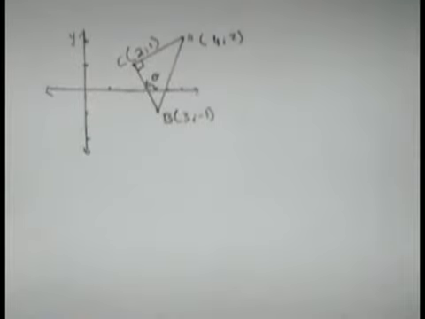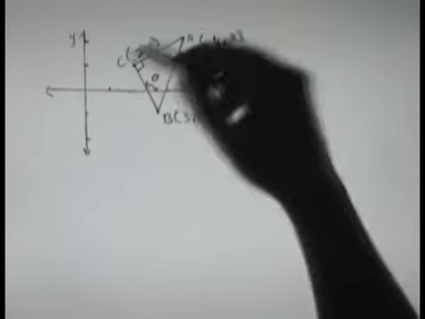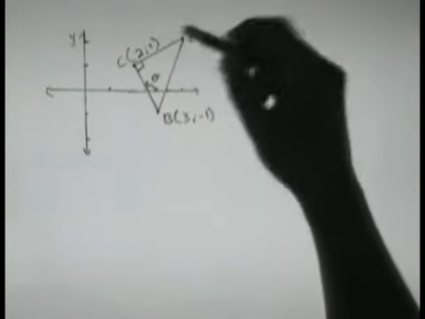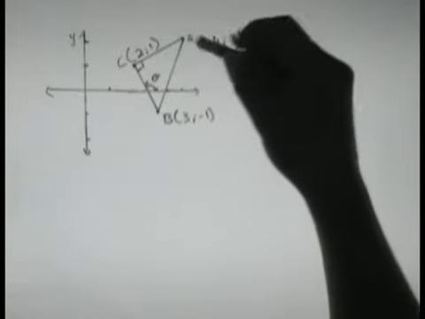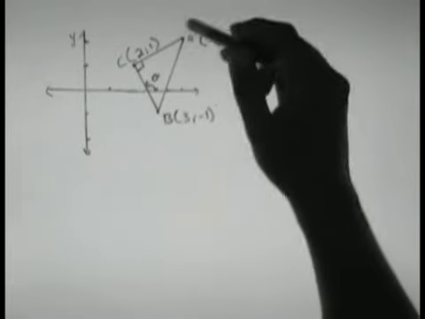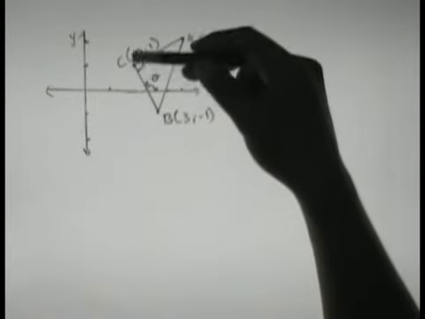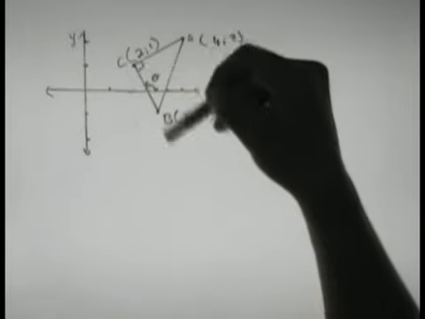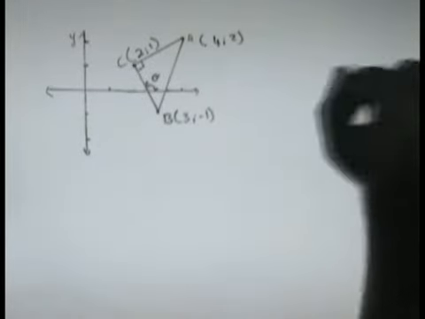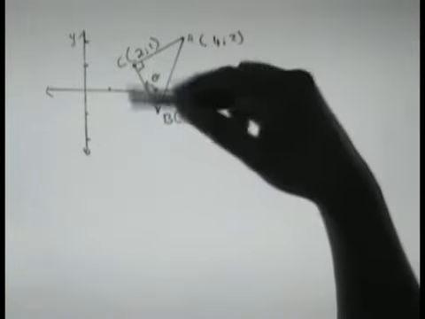We are now going to look at the relationship between gradients of lines that are perpendicular. Now I've drawn a triangle ABC in here, with AB the hypotenuse and CA being perpendicular, or right angled, with CB or BC. Let us start.